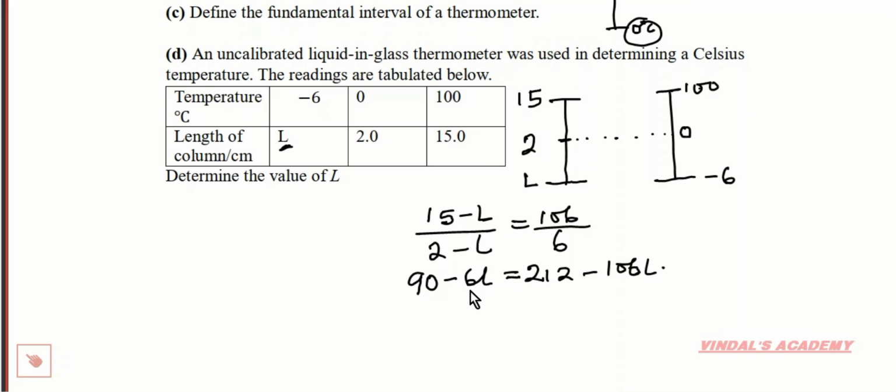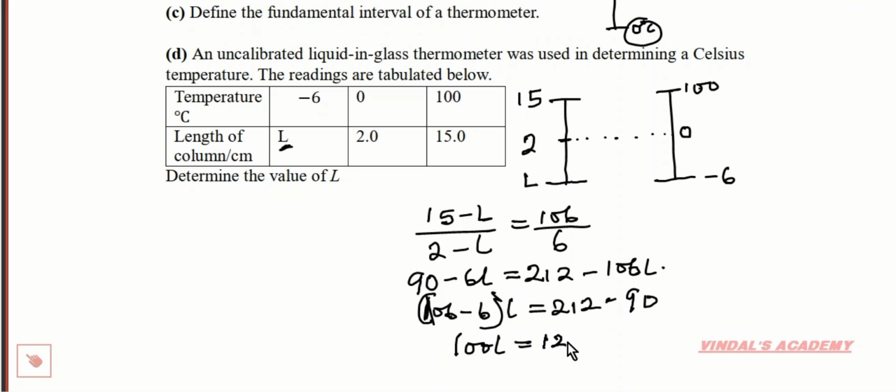So this is going to be 106 minus 6, all in L. Sorry, 106L is equal to 212 minus 90. What I did was just bring 106L here and subtract it. 100L is equal to 122.